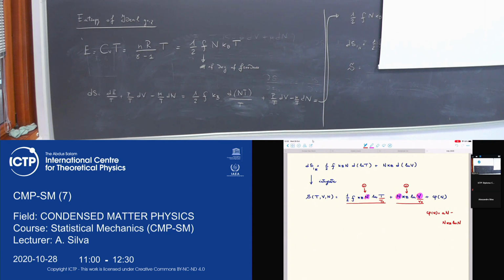Then what you would expect is that everything scales like volume itself, not like volume times log of volume. You see what I mean? So it's correct that there should be something making what is in the logs dimensionless. But it's also correct to say that this scaling should be corrected by the phi of n.